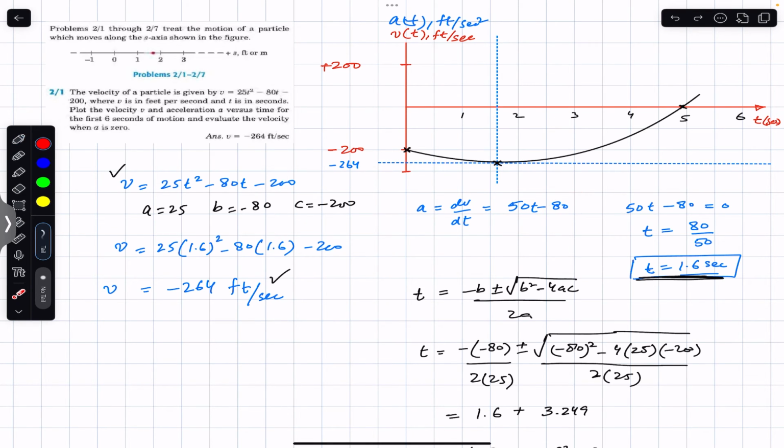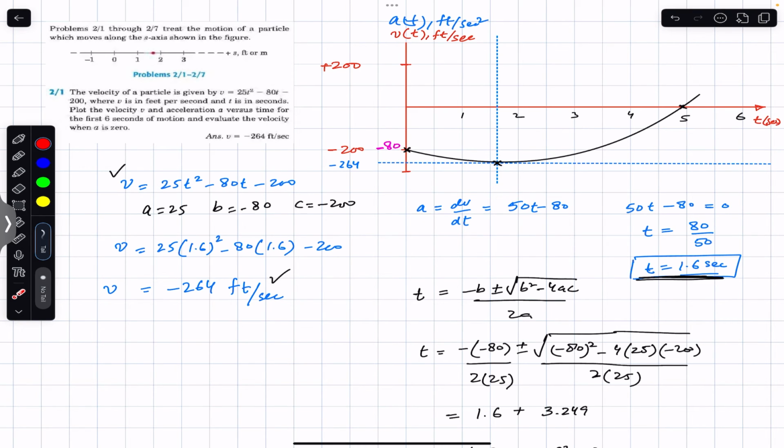So let's say this is 40, so this is 80. The pink values represent acceleration, and this is minus 80. Since acceleration as a function of time is a straight line, the slope is 50.